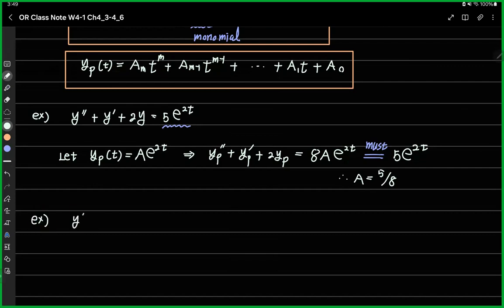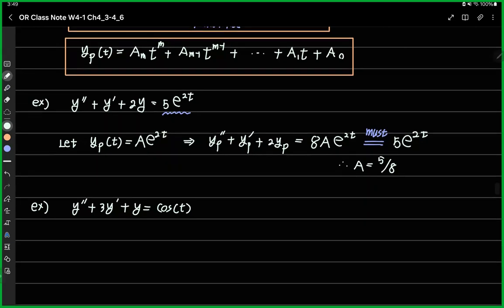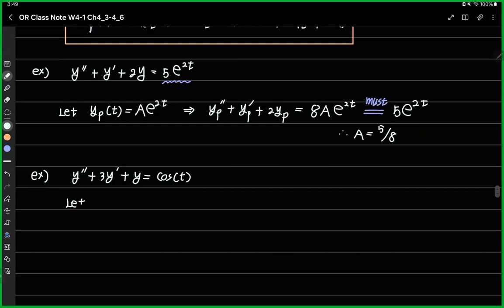What about y second derivative plus 3y prime plus y equal to cosine t? Similar to what we did in the previous example, we may define the solution y_p as A times cosine, or sine, but think about this. Derivatives are definitely involved on the left-hand side of the differential equation.